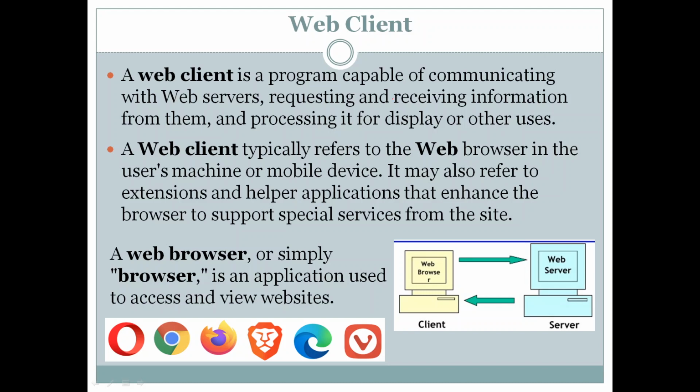Web client. So what is a web client? A web client is a program capable of communicating with web servers, requesting and receiving information from them, and processing it for display or other uses. So you can say it is a program which communicates with the web server.